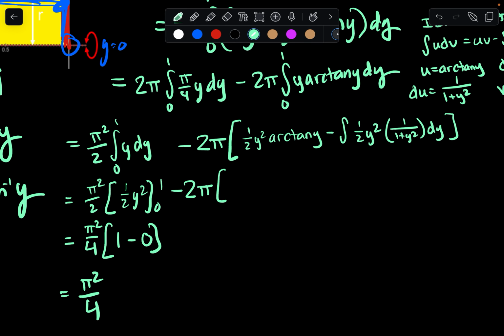Okay, so we already have this first part here, 1/2 y squared arctangent of y minus. Let's go ahead and we'll keep the 1/2 in front of the integration symbol. So we have y squared over 1 plus y squared dy.